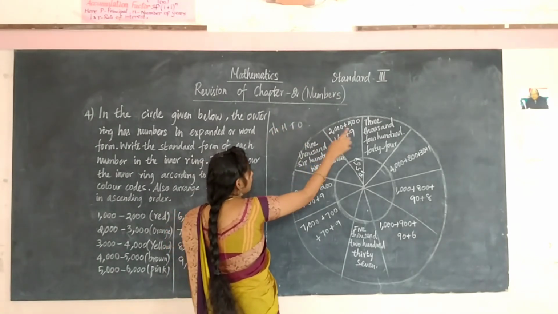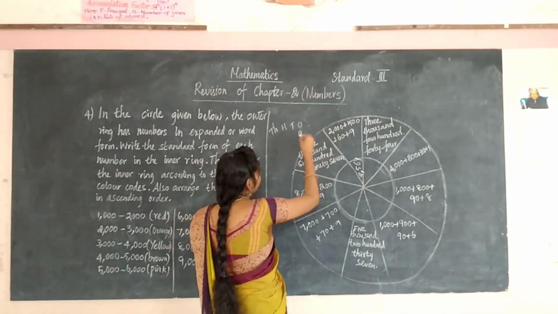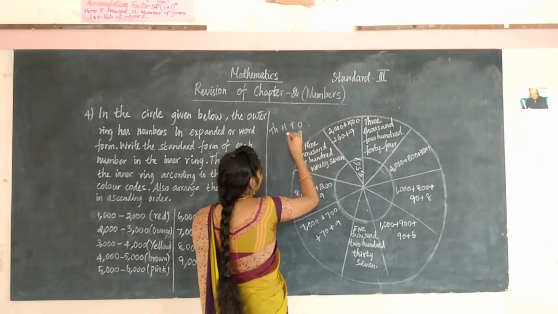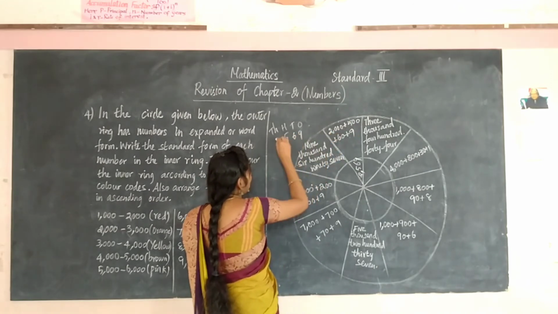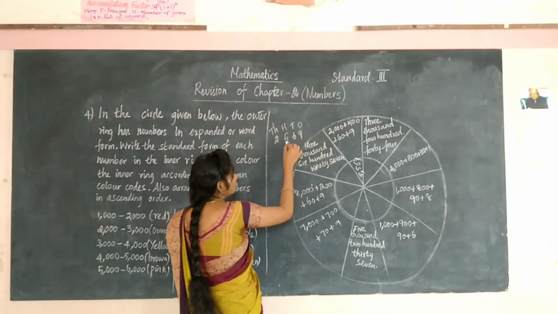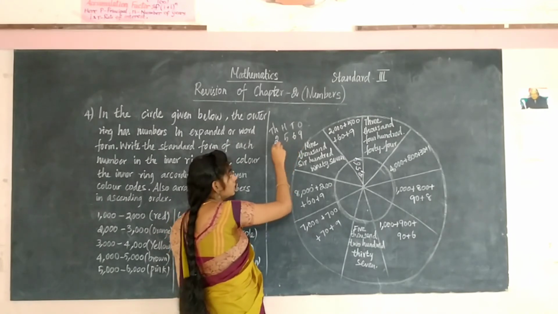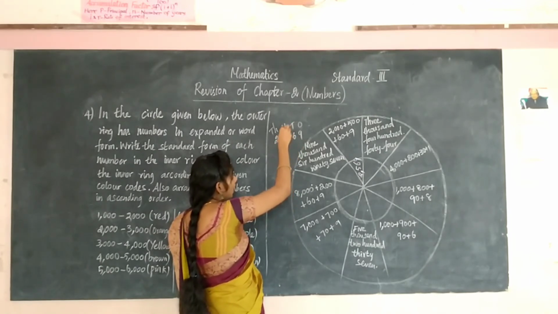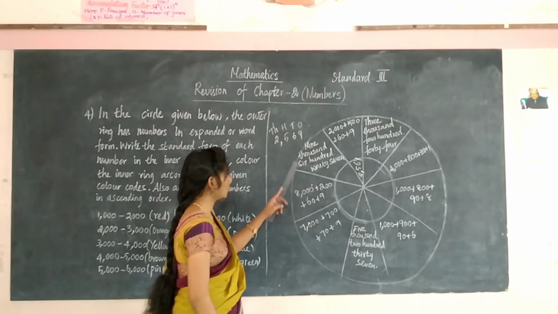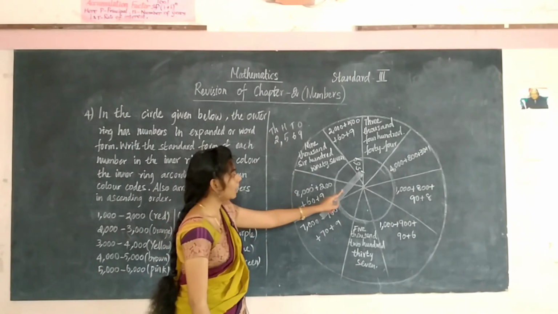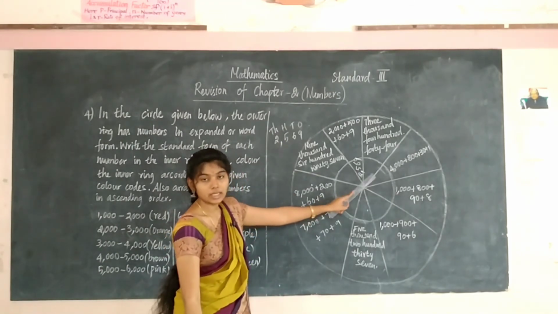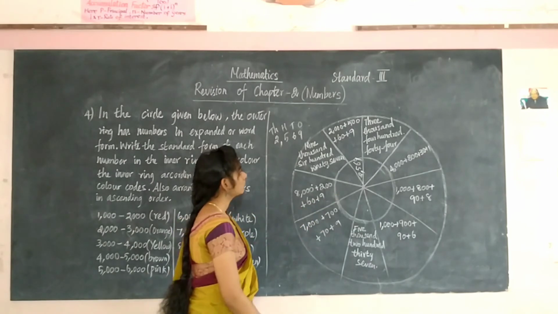In the ones place, what is given here? 9. Then in the tens place 6. Then in the hundreds place 5. And in the thousands place 2. Then you have to give commas in between the hundreds place and the thousands place. So this is the standard form. You have to write only the standard form in the inner circle.